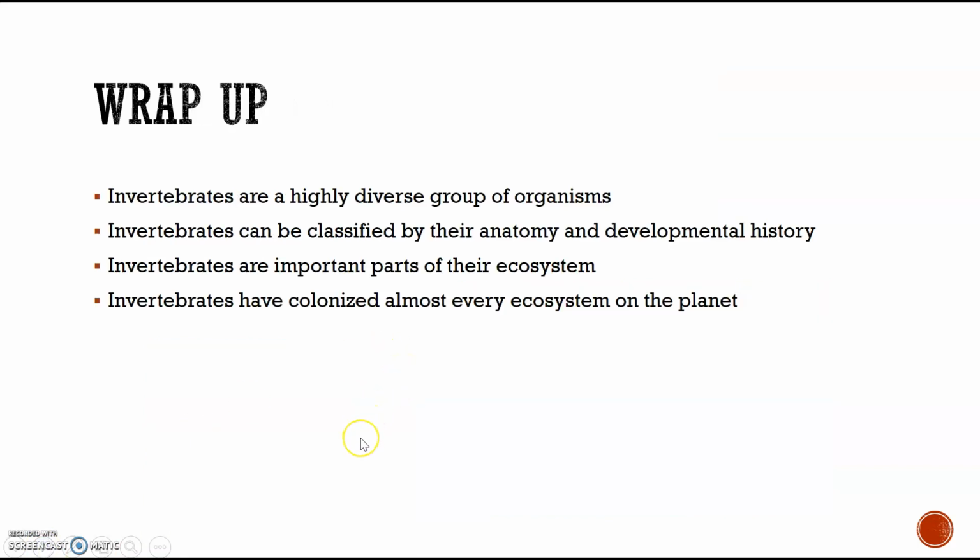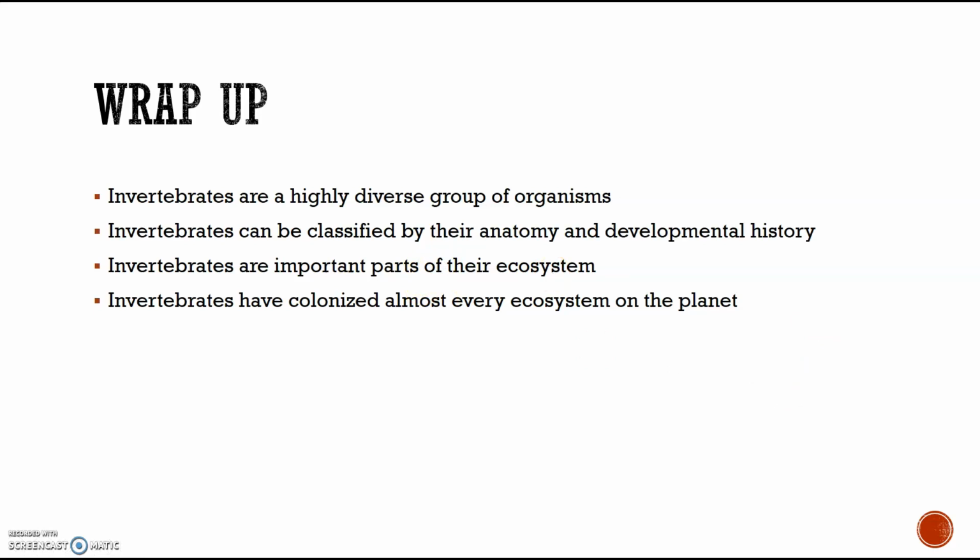So, to wrap up, our invertebrates are a highly diverse group of organisms. Invertebrates can be classified by their anatomy and developmental history. We talked about that in the last one and sort of reiterated it here. Invertebrates are important parts of their ecosystems. A lot of them form very large parts of the ecosystem. They are prey animals.